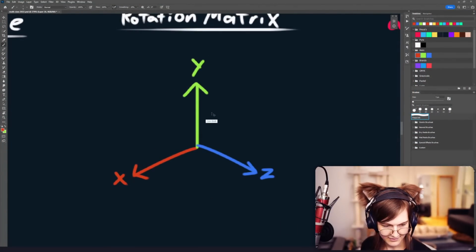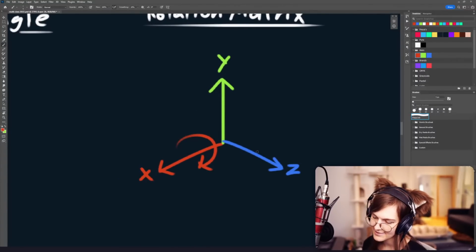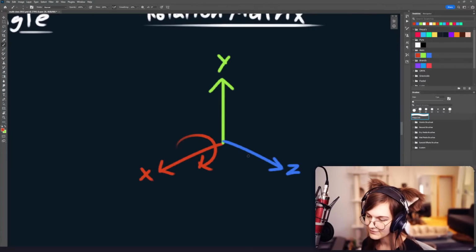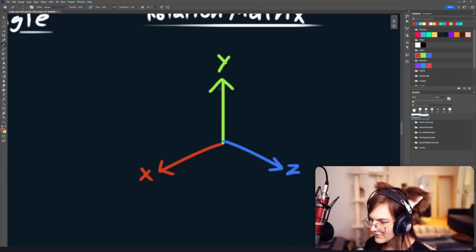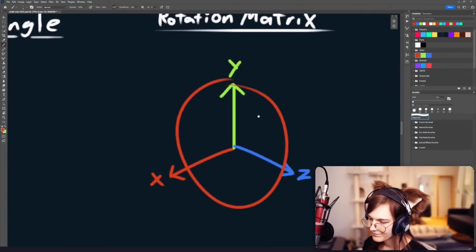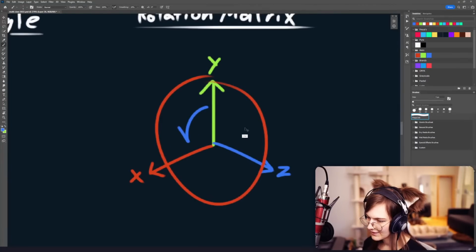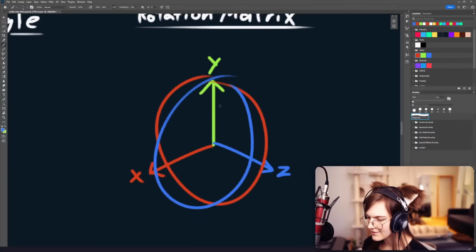Okay, so a positive rotation around the x-axis rotates like this, according to the left-hand rule, right? And you can visualize that rotation by drawing a circle like this. For the z-axis, it rotates in the xy plane in this direction, and that's why it's in that plane.